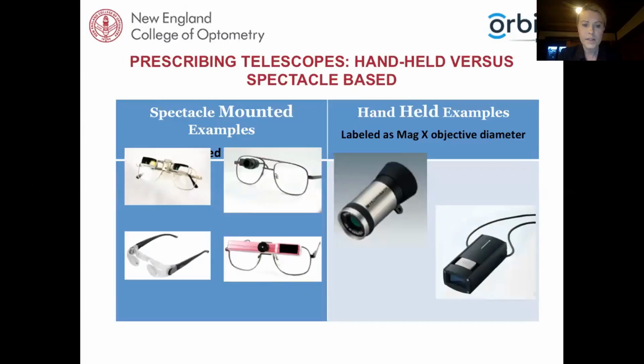Here are some examples of spectacle-based systems. This is a full diameter telescope where you're looking straight through the telescope. These systems up at the top are bioptics, where the telescope's at the top and the patient has to tilt their head down to look through the telescope, but they can go back and forth between glasses and telescope. And these are some examples of handheld systems that the patient can hold.